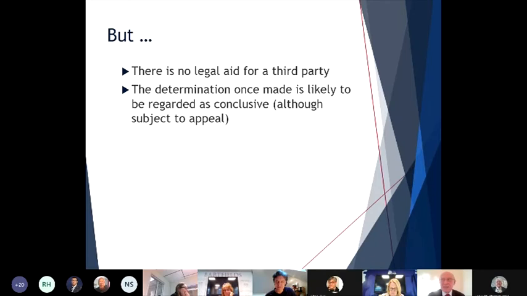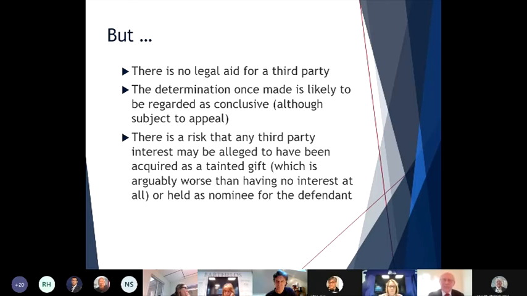The determination, once it's been made, is likely to be regarded as conclusive, although it is subject to appeal. If you get into appeal, we start talking about serious risk of injustice and so on, and things get all a bit grayer. There is a risk in confiscation proceedings that if the third party has an interest, the allegation may be made that that interest has been acquired as a tainted gift from the defendant.